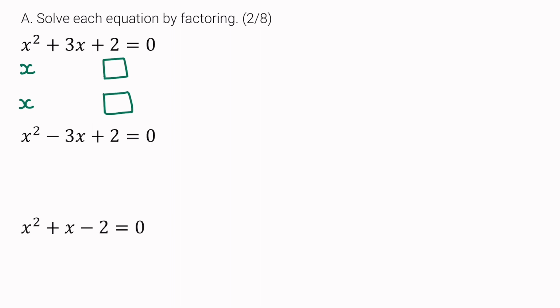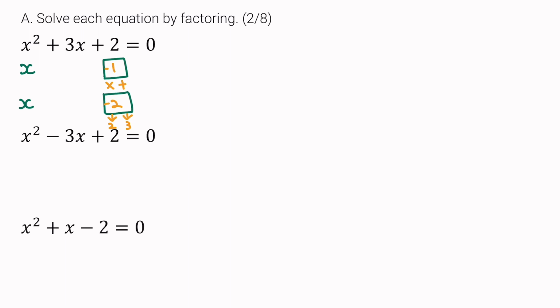so that we can come up with two numbers that when multiplied together give me 2, but when added together give me 3. So what are those two numbers? Well, 2 is a prime number, so it has only two factors, 1 and 2. And what about the signs? It's either +1 and +2 to give me +2 when multiplied together, or it's either -1 and -2 in order to give me +2 when multiplied together.